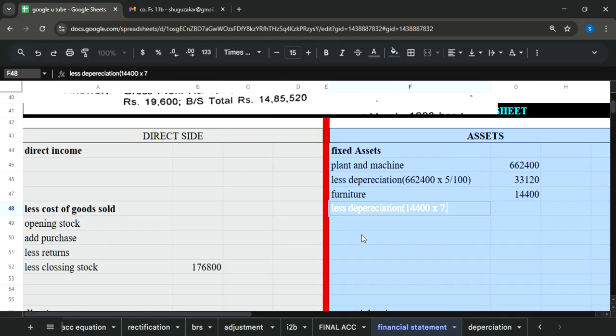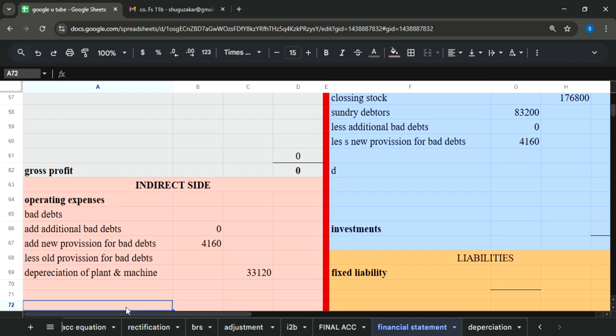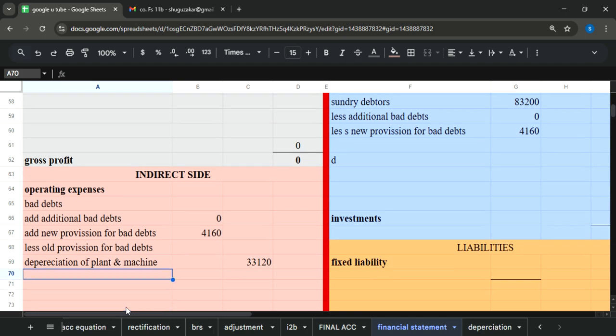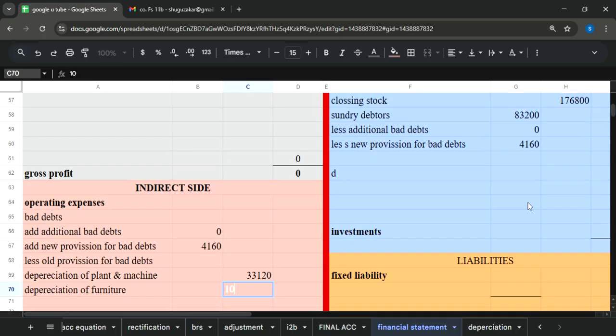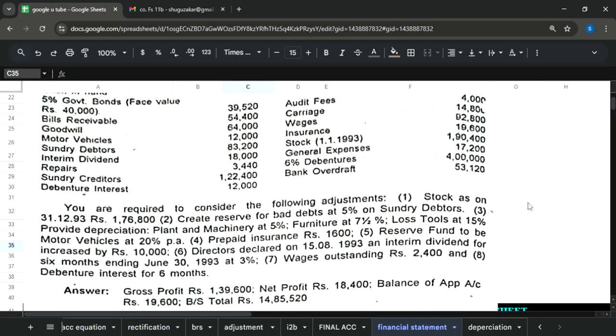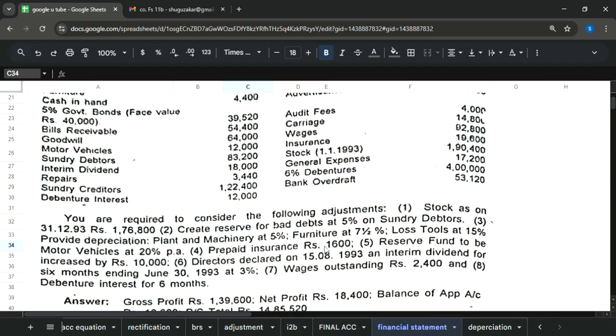So multiply it with 7.5, divide it with 100, we will get our depreciation. Similarly, we will come to operating expense side, and here depreciation of furniture would be recorded, the amount which we have just calculated, 1080, in operating expenses as well. So guys, you have seen that furniture depreciation is done.